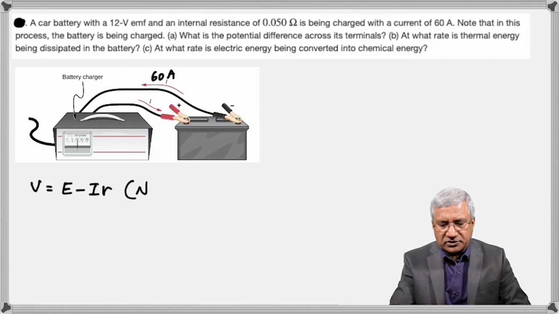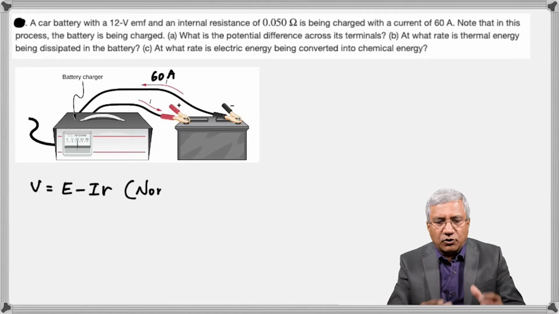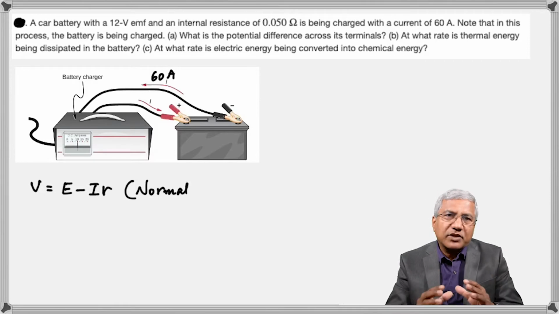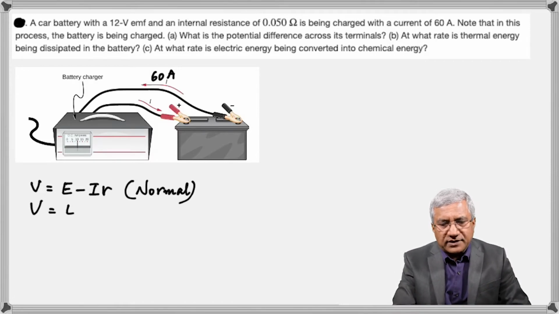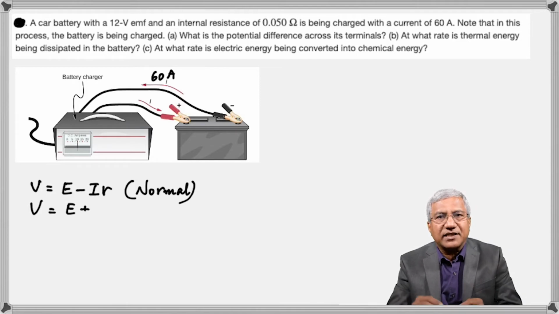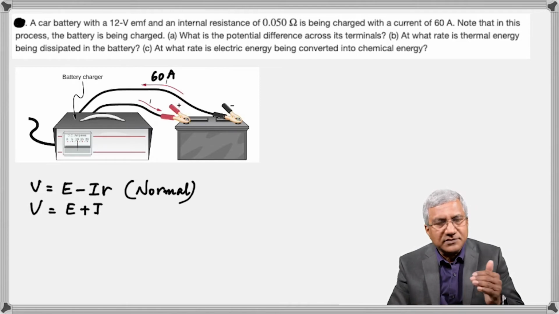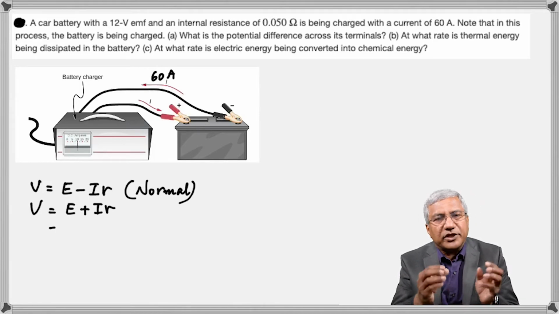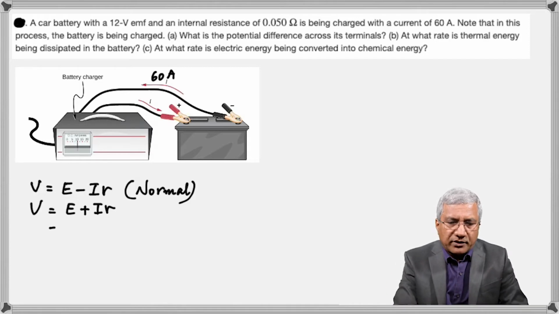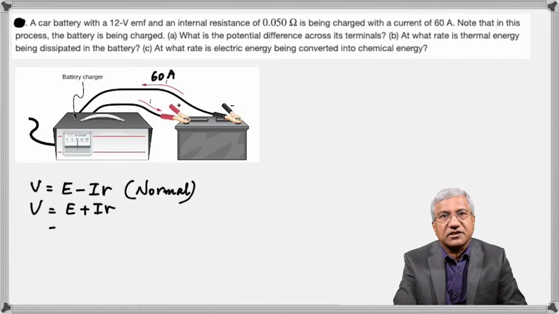Here's the battery charger. When you apply Ohm's law, we know that the potential difference across its terminals, V, is equal to E minus I times R. That's in the normal case. That's not the case when a battery is being charged. When you're using a battery, the terminal voltage is its EMF minus the current produced by it multiplied by the internal resistance.